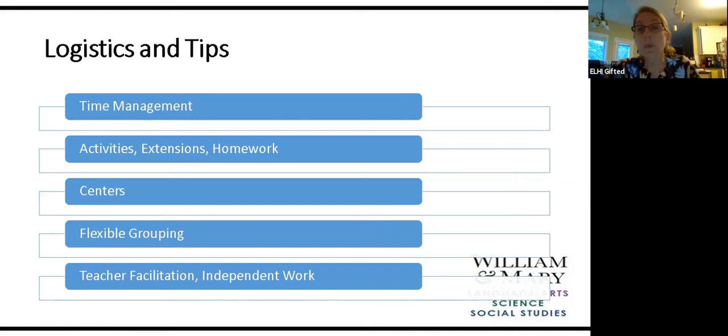Maybe one day a week you're working as a whole group, especially the first time you introduce a model. You really should do the whole thing together as a class or as a high ability group, however you want to do it, so that you are modeling for them how to use the model.